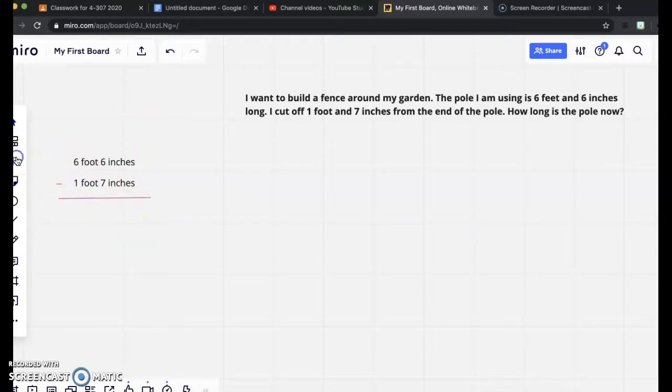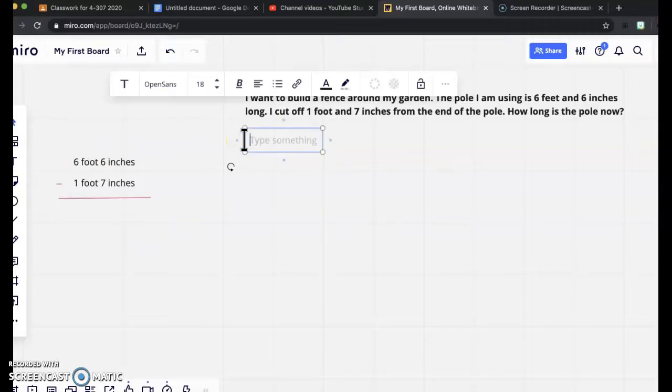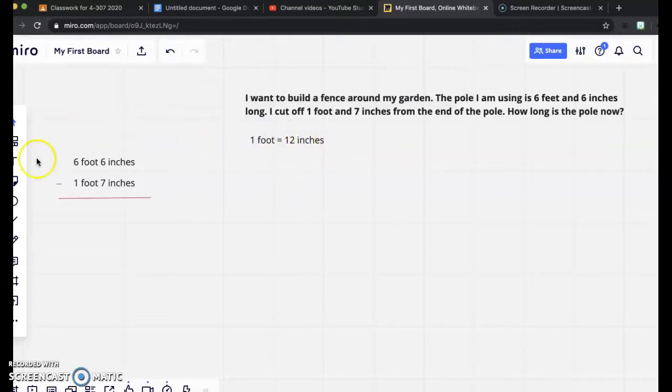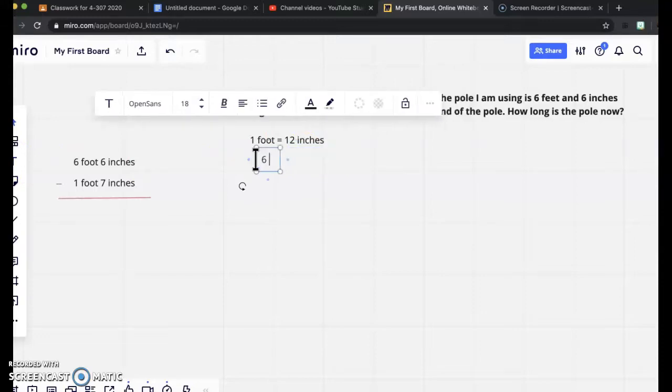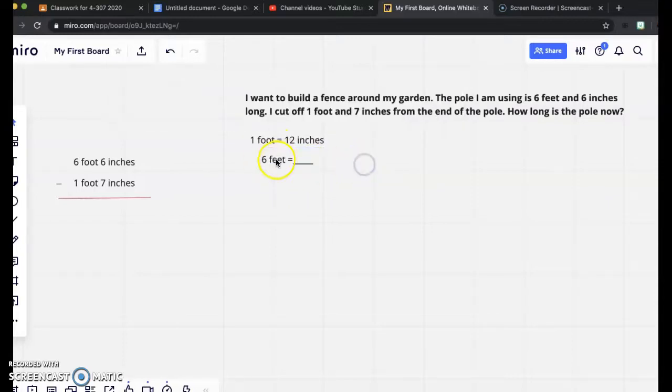So we know that 1 foot equals 12 inches, right? And we know that we have 6 feet equals some amount of inches. We don't know how many though. So let's convert.